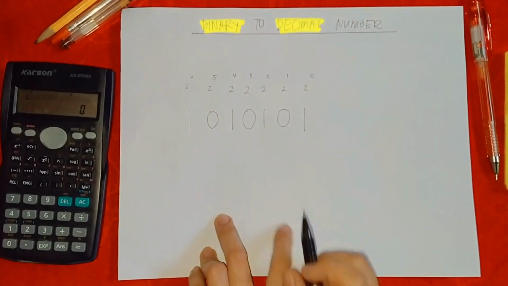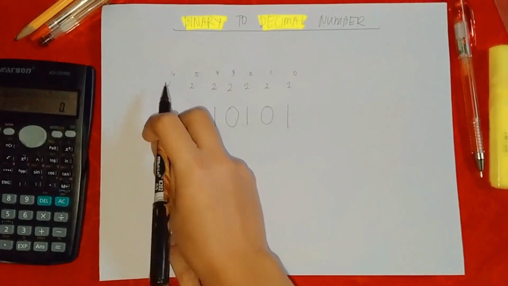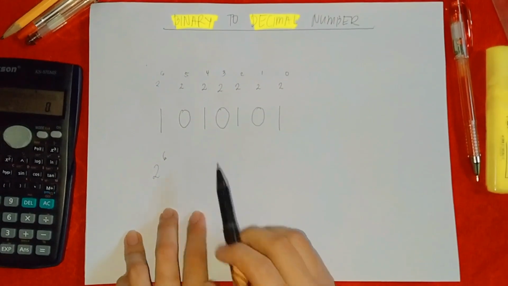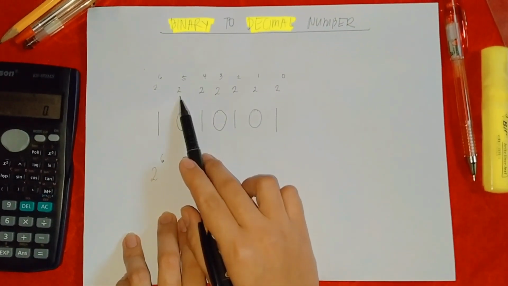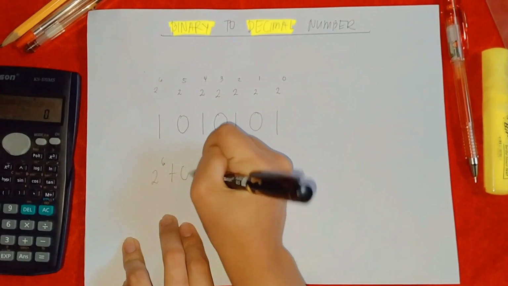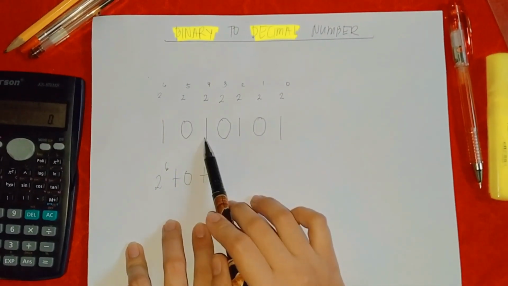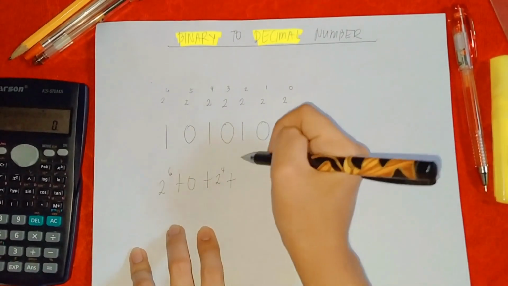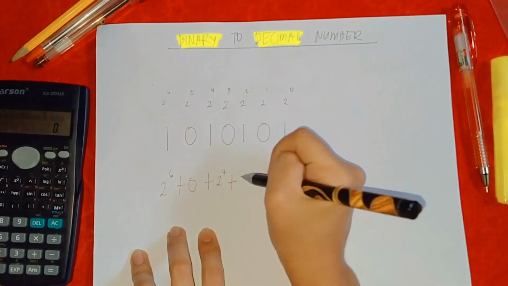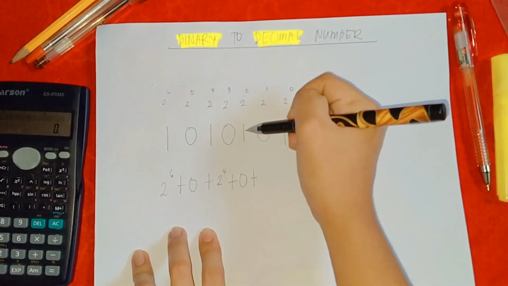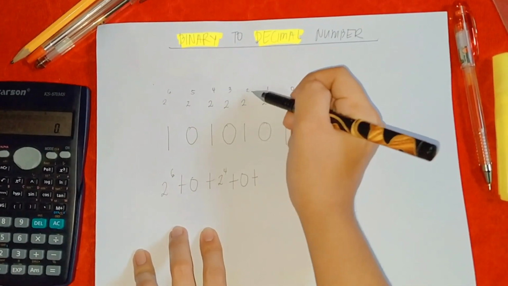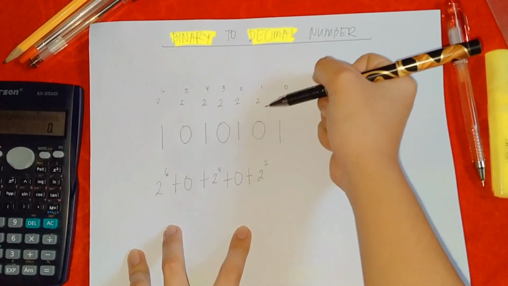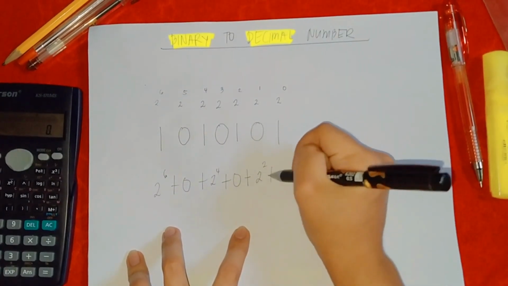We multiply this. 1 times 2 to the sixth power is 2 to the sixth power. 0 times 2 to the fifth power is of course 0. 1 times 2 to the fourth power is 2 to the fourth power. 0 times 2 to the third power is 0. 1 times 2 to the second power is 2 to the second power. 0 times 2 to the first power is 0.